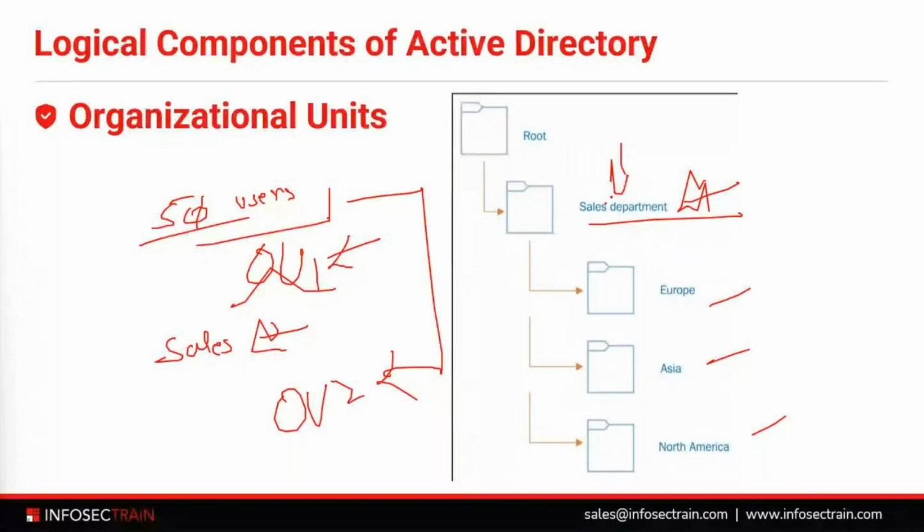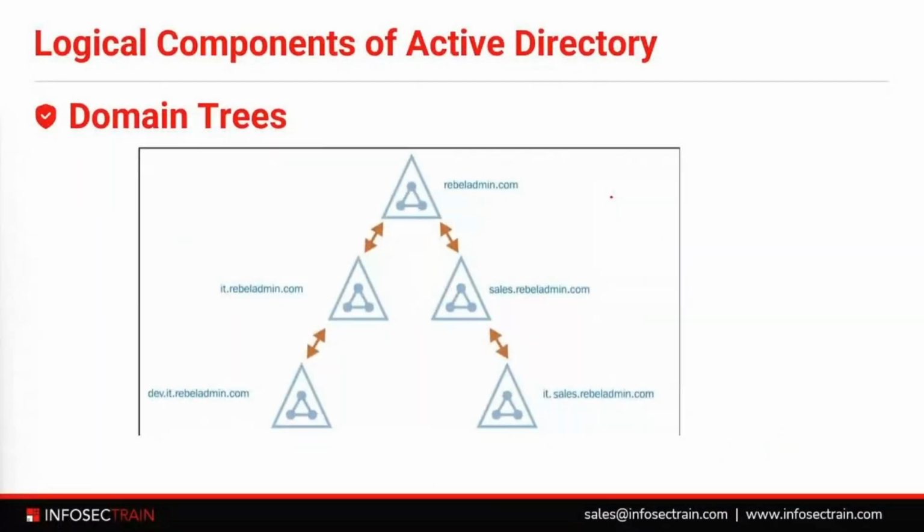Then next thing we have domain trees. Now when we talk about domain trees, what are those? A domain tree, if we are talking about, there is like parent child relationship, right? So with my parents, I have a parent child relationship, right? So domain tree is a collection of domains that reflect the organization structure.